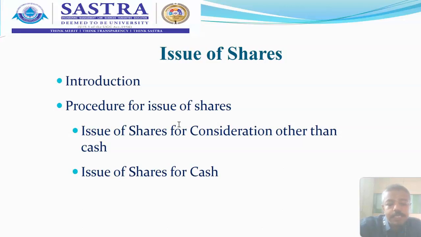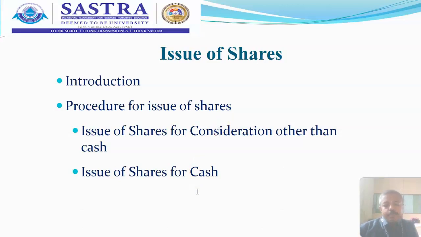So in case of purchase of assets like building, machinery, stock of material, etc., we need to pass a journal entry. One is the purchase of assets: assets account debited to vendors account, or assets account debited to creditors account if it is payable for purchase of goods.